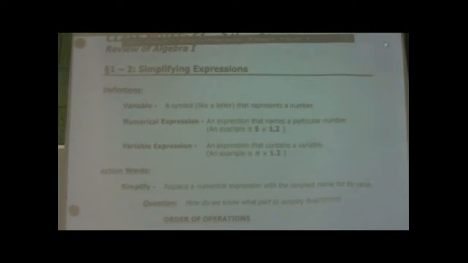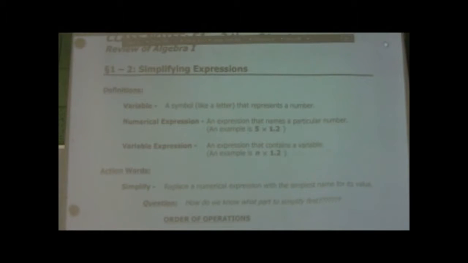All right, some action words that I use are important for the objectives, so you understand what they mean. In the objectives, I have said that we will use the order of operations to simplify expressions. Here's what simplify means: replace a numerical expression with the simplest name for its value.